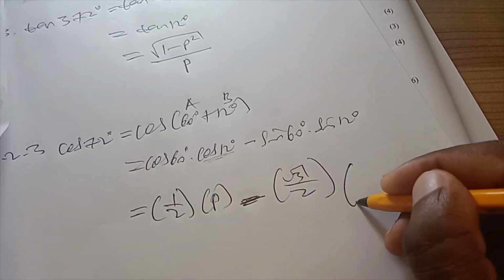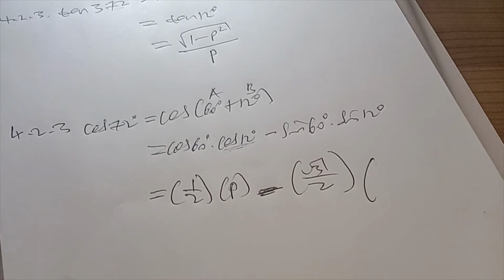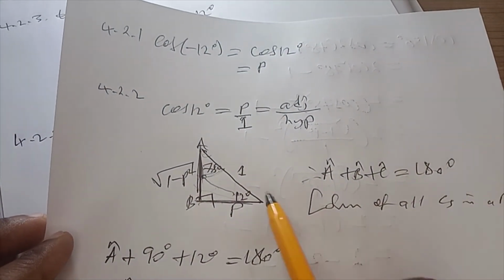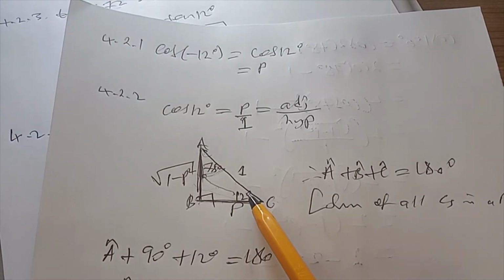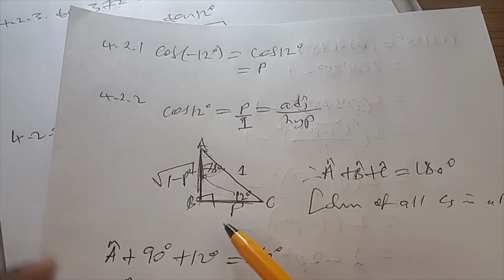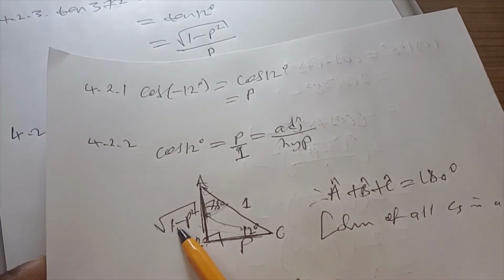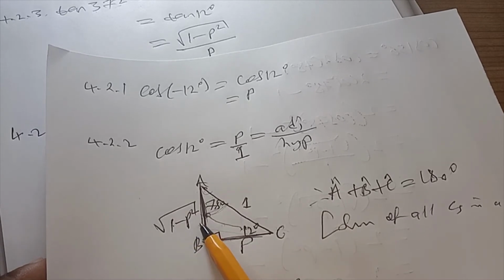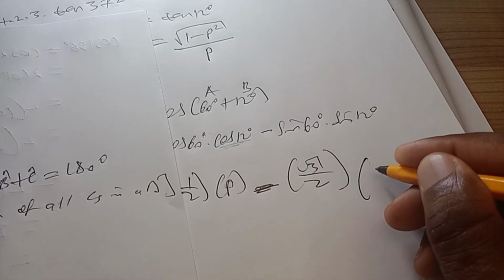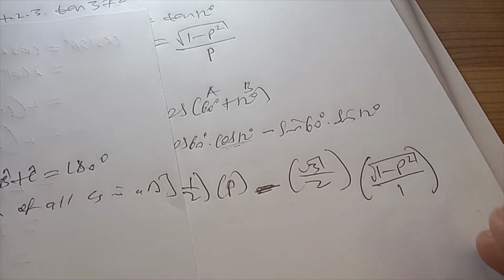Then for the sine 12 degrees, we go to this right angle of ours. By definition, the sine is opposite over hypotenuse. The opposite of 12 degrees there is the square root of 1 minus p squared. The hypotenuse is 1. And then here we're going to have the square root of 1 minus p squared, all over 1.